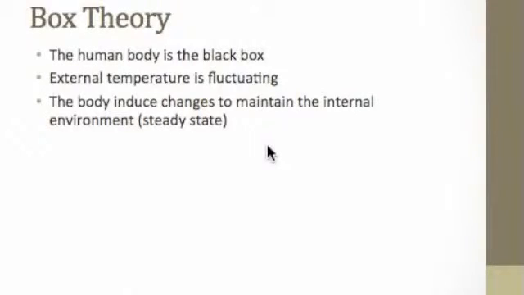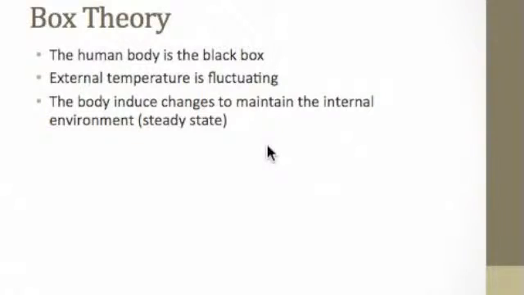So at the beginning of the series, my colleague explained the black box theory. Now we're going to look at the black box theory in relation to the human body, specifically thermoregulation. In regards to the black box theory, the human body would be considered the black box, meaning that despite all of the external changes, whether it's temperature or the availability of oxygen or what have you, the body maintains its internal environment.